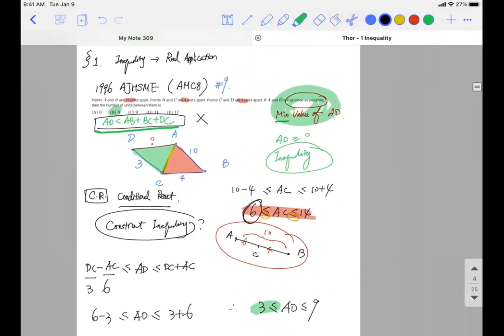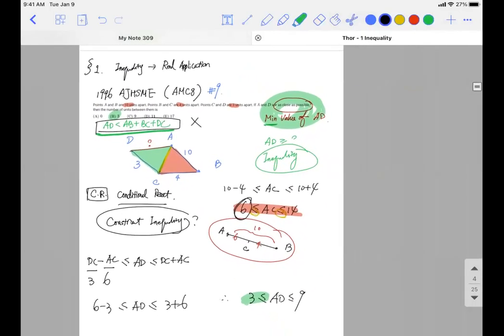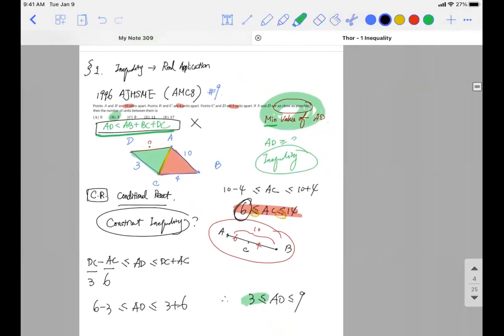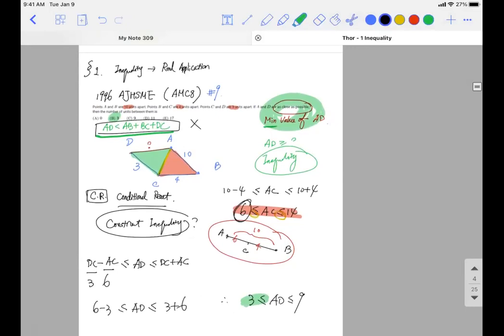You're not using anything flowery, anything complicated. The only thing you use is the triangle inequality, right? Within the triangle, the third edge will be greater or equal to the difference of the other two, lesser or equal to the sum of the other two.